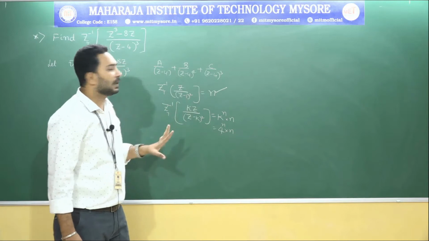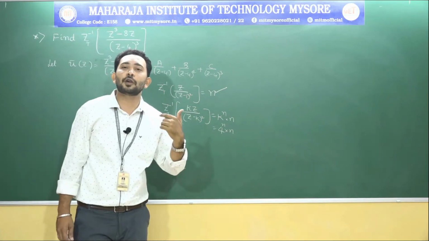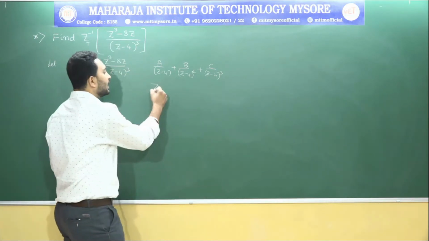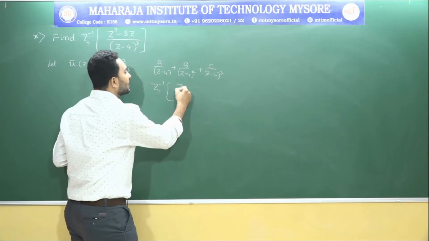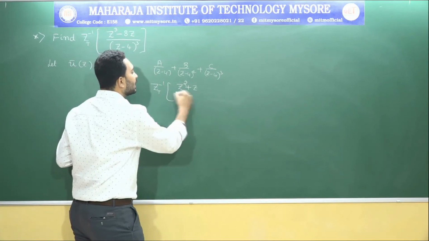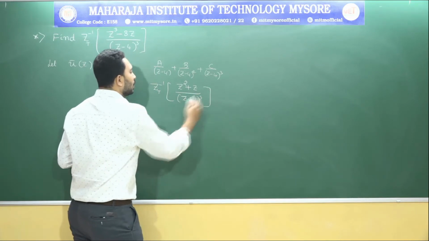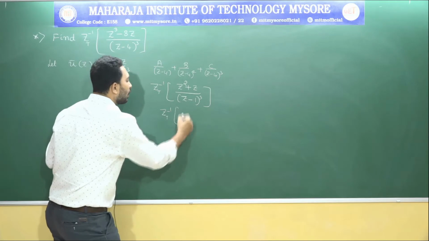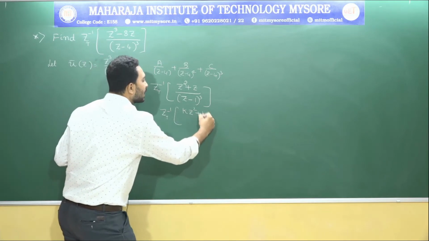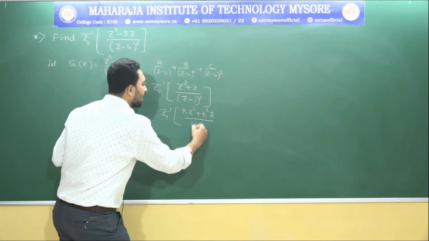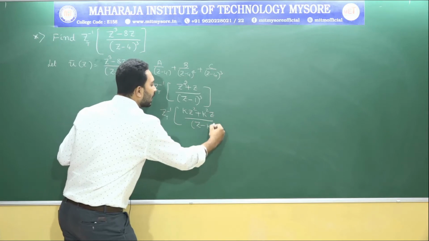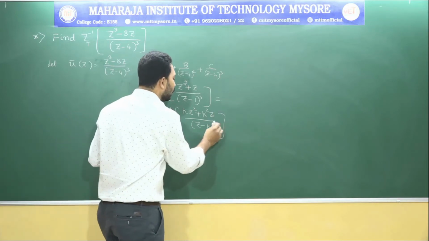So similarly for z minus 4 whole cube, we have z inverse of z square plus z divided by z minus 1 whole cube and z inverse of kz square plus k square z divided by z minus k whole cube.